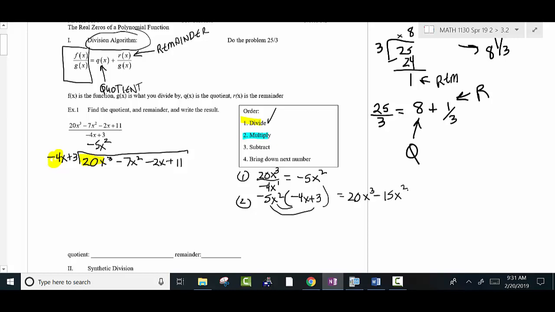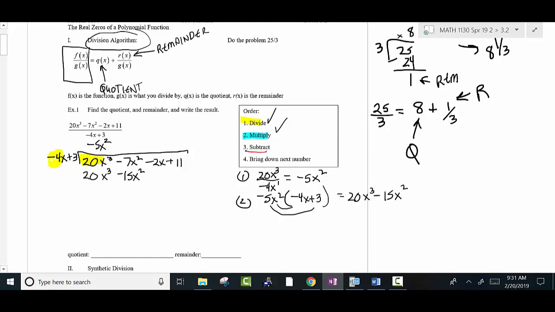Now again, you're going to learn to just do this in your head. You don't have to write the steps out unless you need to. So I'm going to record what I have: 20 x to the third minus 15 x to the second. I'm doing the same thing I did on that 25 divided by 3. All right? So now that takes care of that step.